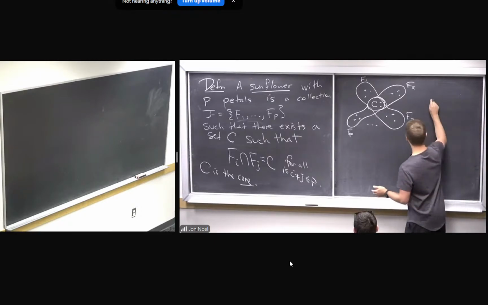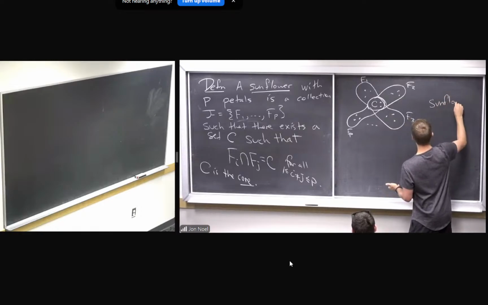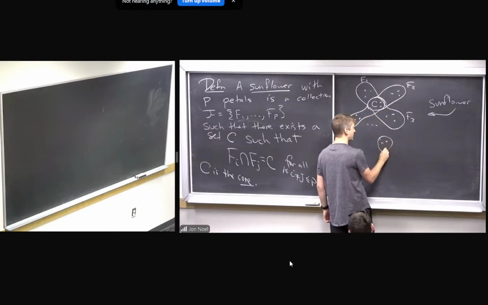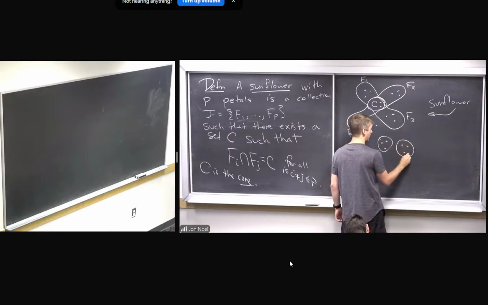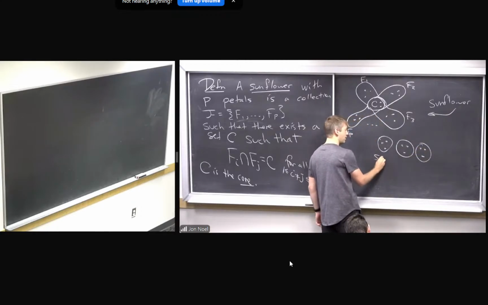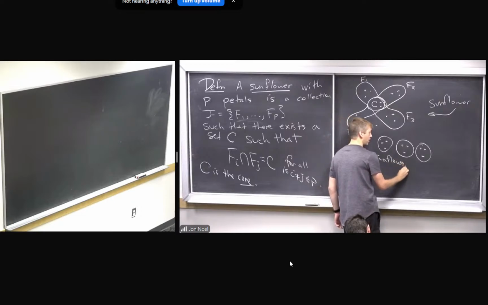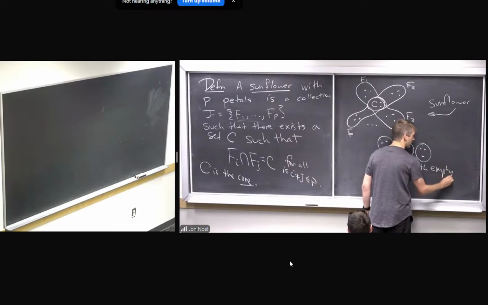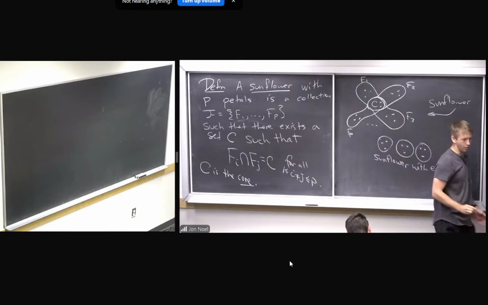So this is a sunflower here, but also if I was to take a bunch of disjoint sets, this is a sunflower with an empty core. So it's like you pulled off all the petals and they're just laying there. That's considered a sunflower as well.